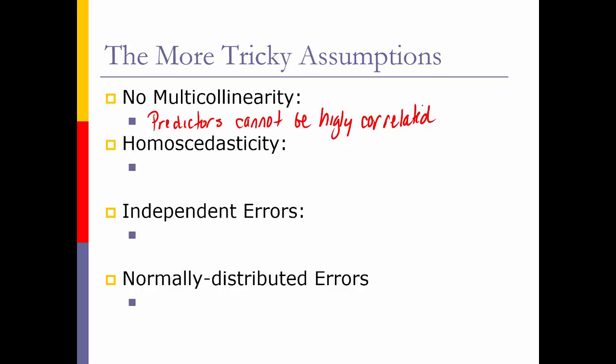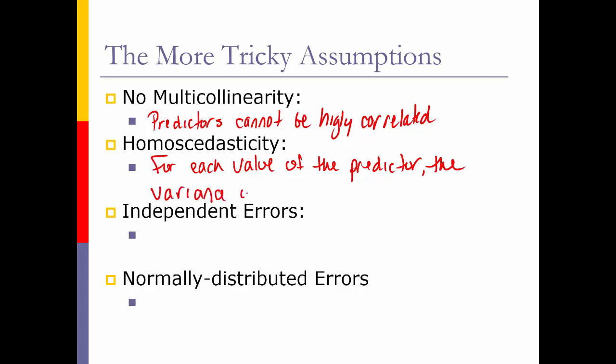Homoscedasticity: for each value of the predictor, the variance of the error term should be constant.